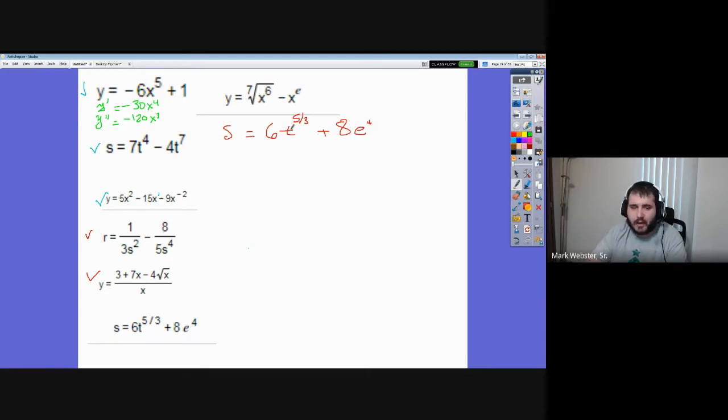It just goes away. So when I find S prime, let's do this one, bring down the 5/3. 6 times 5, 30 divided by 3 is 10. And then 5/3, we're going to subtract 3/3, 1 whole, and be left with 2/3. And then this thing is a number.